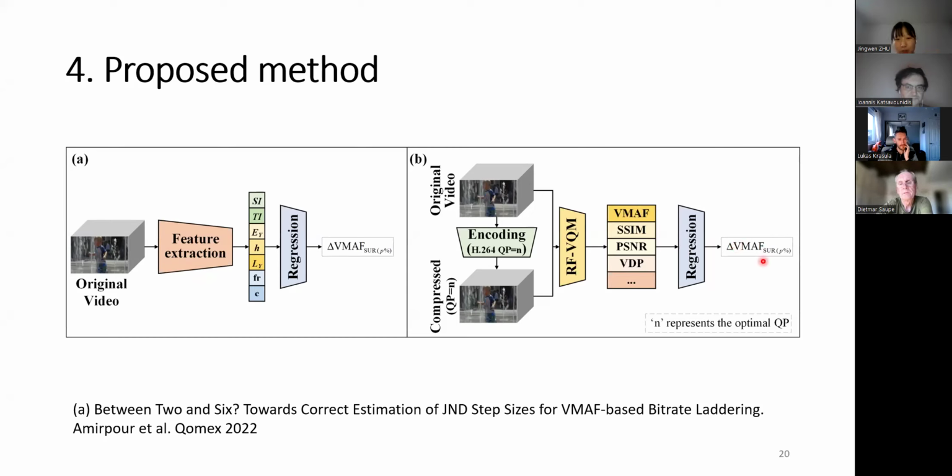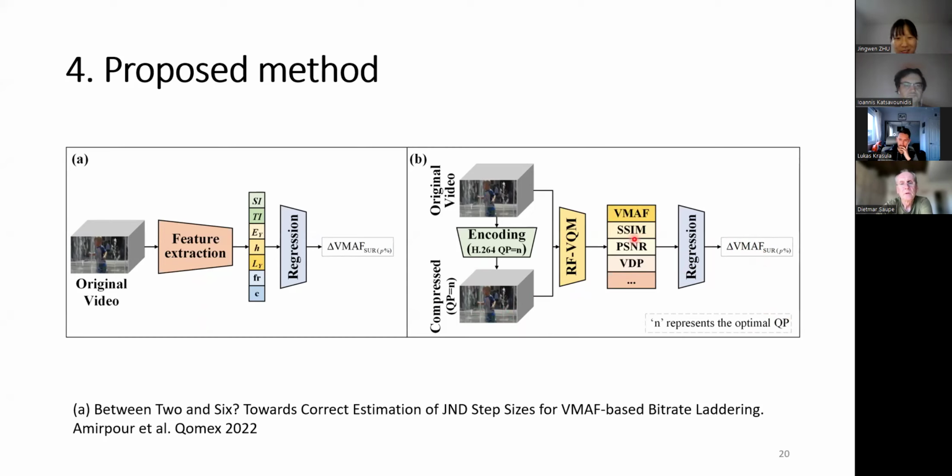We were also surprised that this outperforms the model based on features extracted from the original videos. I think this is because we have this compression, and we can get this information about the compression.